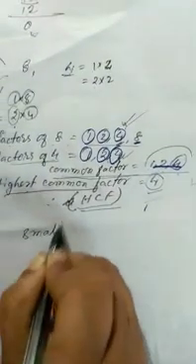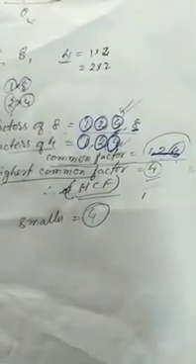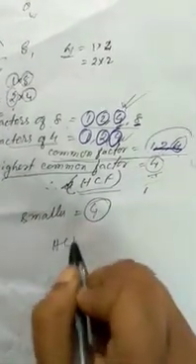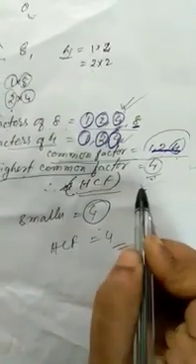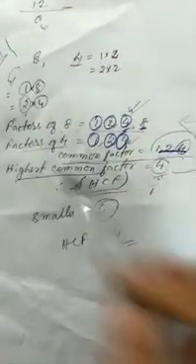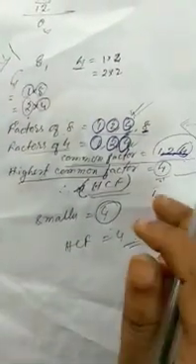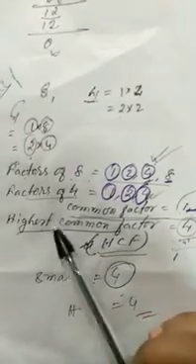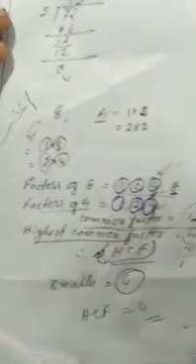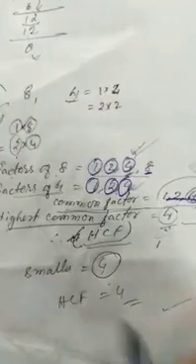Smaller is 4. So you can see here the HCF is also 4, and 4 is a factor of the other number, 8. So property 3 is also verified. But in the case of 24 and 32, 24 is not a factor of 32. That's why I have not taken this example. Whenever one number is a factor of the other number, we have to see which is the smaller number. That one will be the HCF.